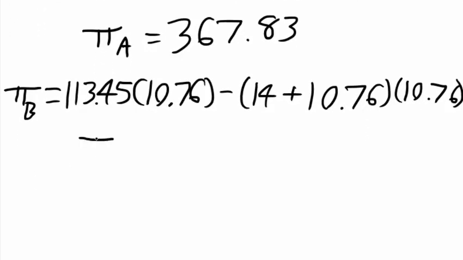And we find our profit for firm B to equal 954.3. So, as we can see, the profit for firm B is more than double the profit for firm A.